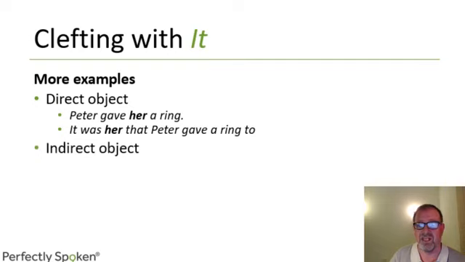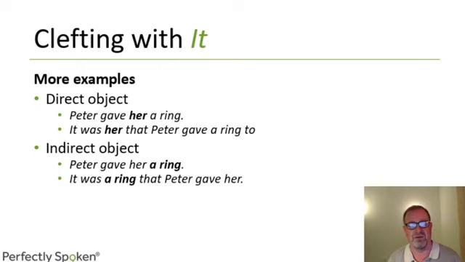We can also emphasize the indirect object, in this case the ring. So Peter gave her a ring. We want to emphasize this. We say it was a ring that Peter gave her, as opposed to a bunch of flowers, a book, or whatever. It was a ring.